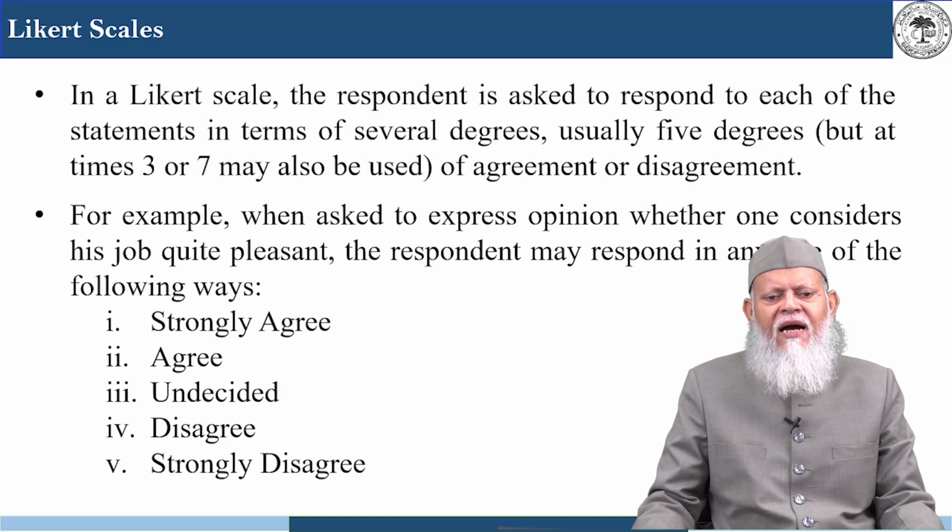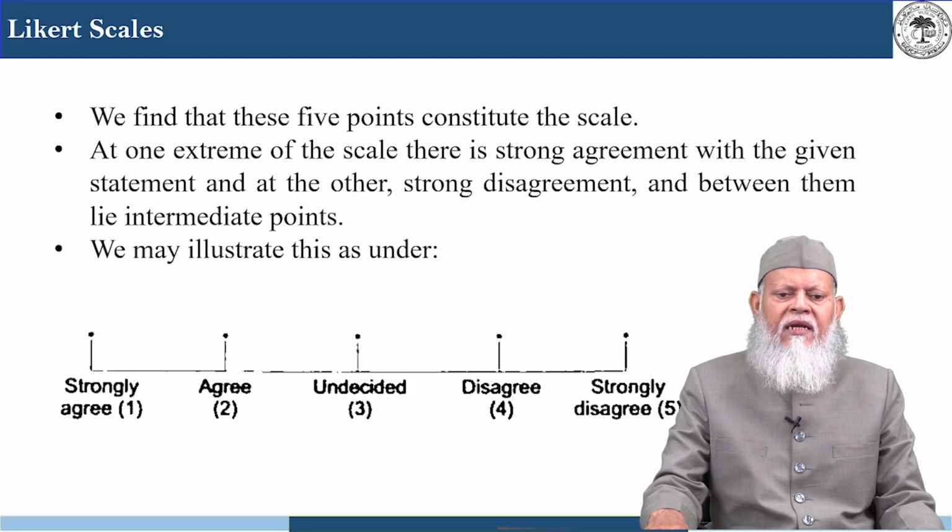So, giving an example, when asked to express opinion whether one considers his job quite pleasant, the respondent can respond in any one of the following ways. Number 1, strongly agree. Number 2, agree. Number 3, undecided. Number 4, disagree. Number 5, strongly disagree. This is the 5-point scale.